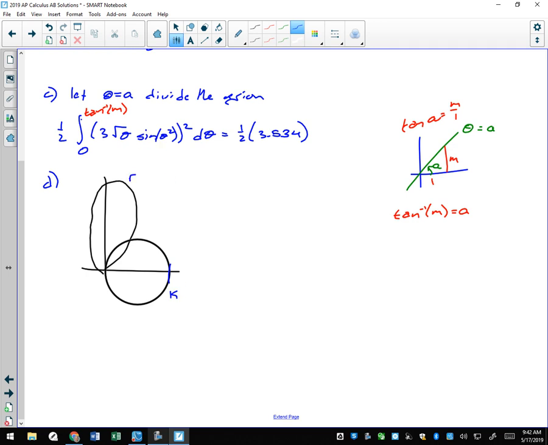This is my function R. We want the area of S that is also inside the circle. Interesting. All right, so we're looking at this region right here. The area of S that is also inside the circle K cosine theta. Find the limit as K approaches infinity of that area.